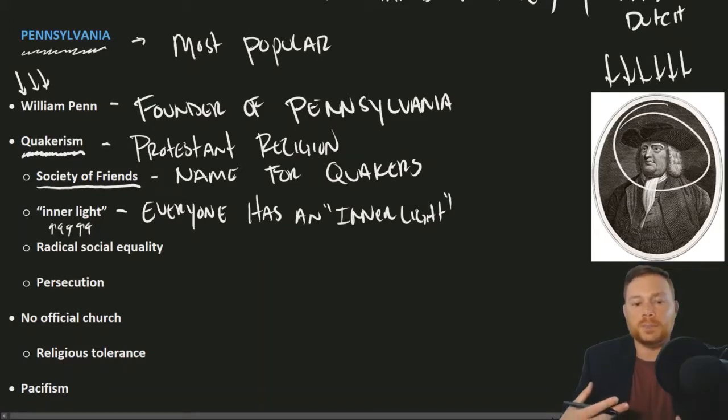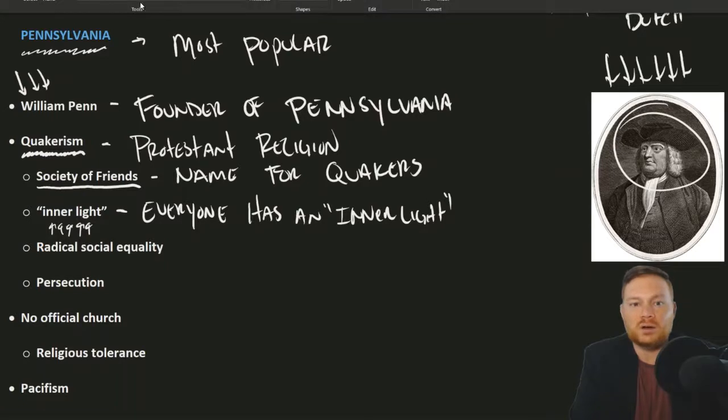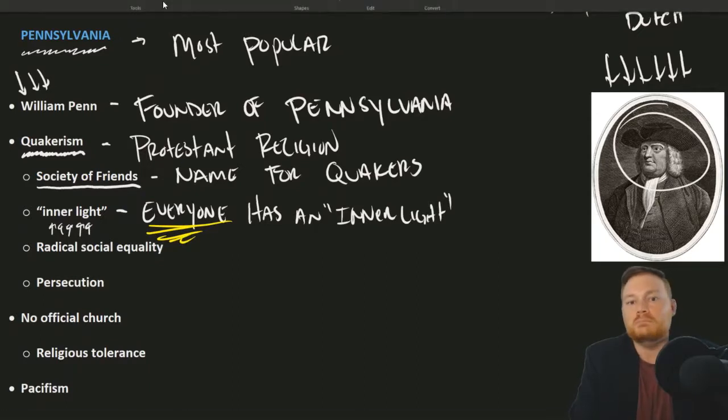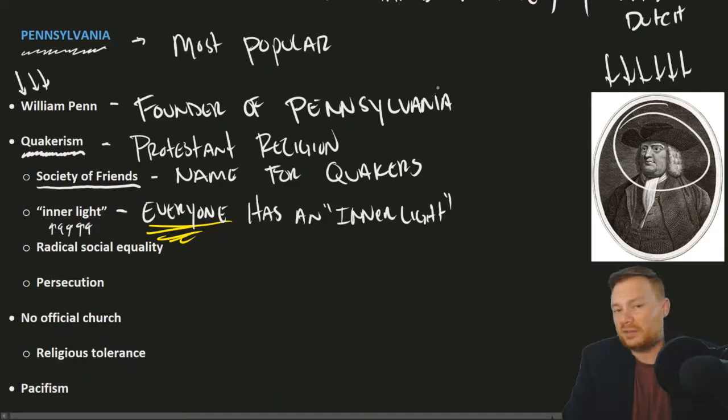Now, the real sort of radical part about this and what set the Quakers apart is the emphasis not on the soul or the inner light, but the emphasis on the everyone. And the idea was that men, women, Englishmen, people who are Native American, Africans, everybody potentially has this inner light in them.